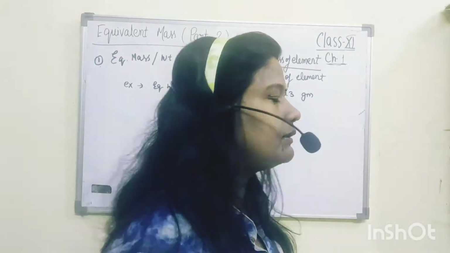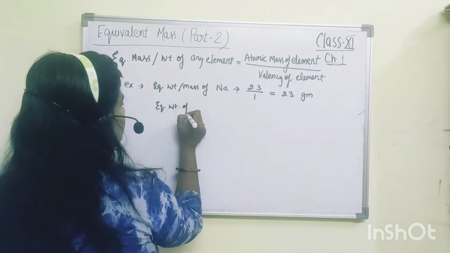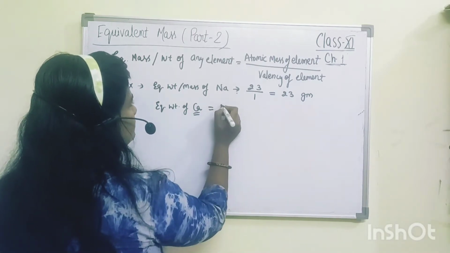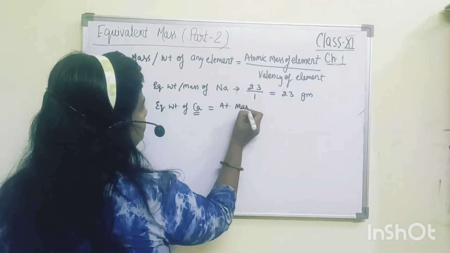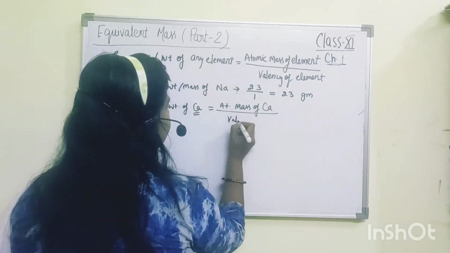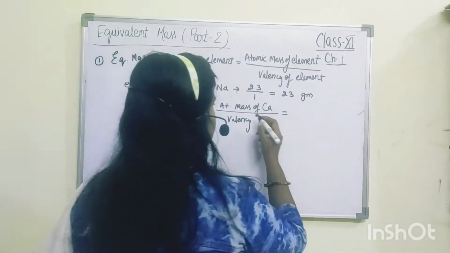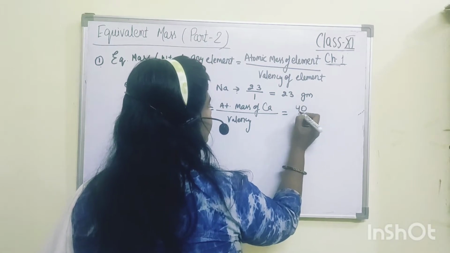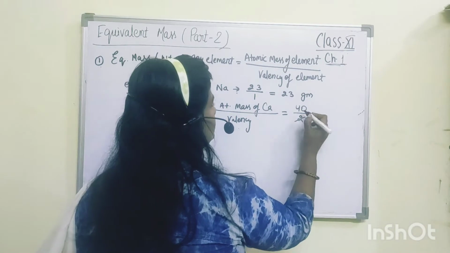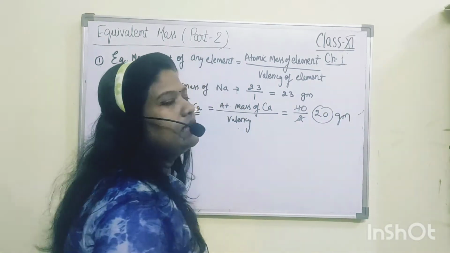Another example: find out the equivalent weight or mass of calcium. Atomic mass of calcium upon valency. The atomic mass of calcium is 40 and its valency is 2, so 40 by 2, 20 gram is its equivalent mass.